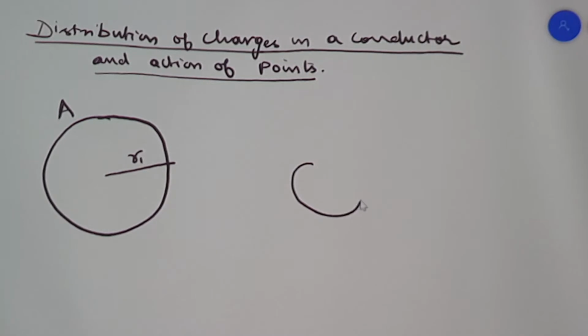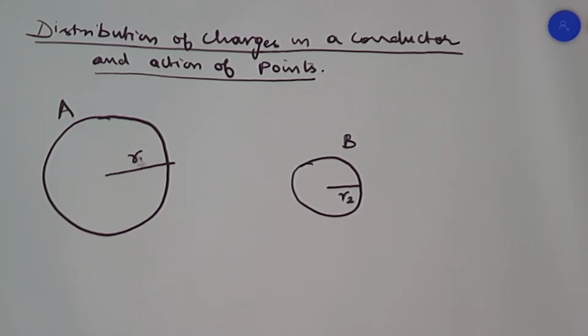Then I am considering another spherical body B, and the radius of this spherical body I am taking as R2. Now, I am considering the distance between the two spheres in such a way that the distance between the two spheres should be greater than the radii of each sphere.